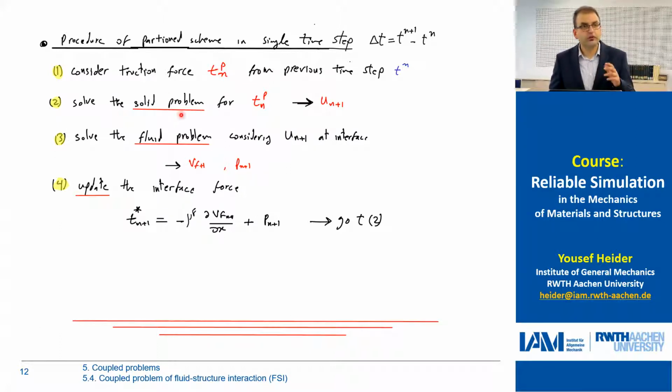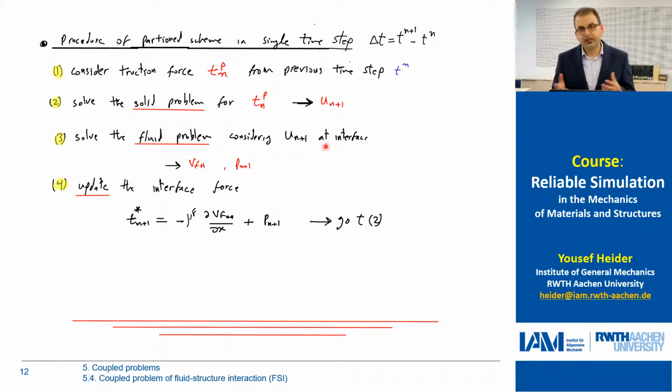Then we solve the solid problem for these known interactions at the interface and also from the boundary, and we get an updated displacement. Now we take this updated displacement and consider it for the fluid problem. We consider this un plus 1 at the interface.